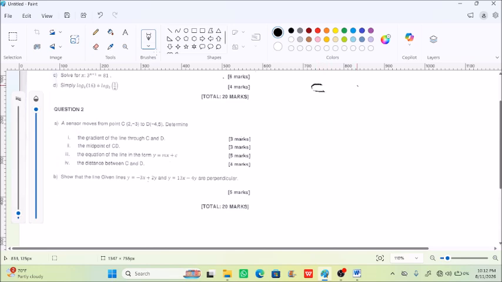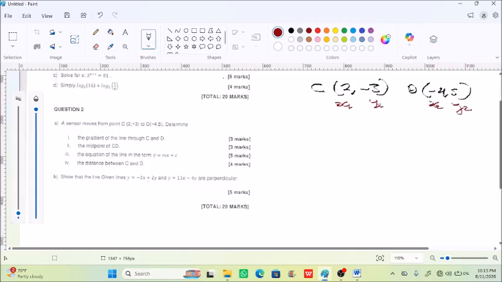C is 2, negative 3. D is negative 4, 5. Let's name them. This is our x1, this is y1, this is our x2, and this is our y2.